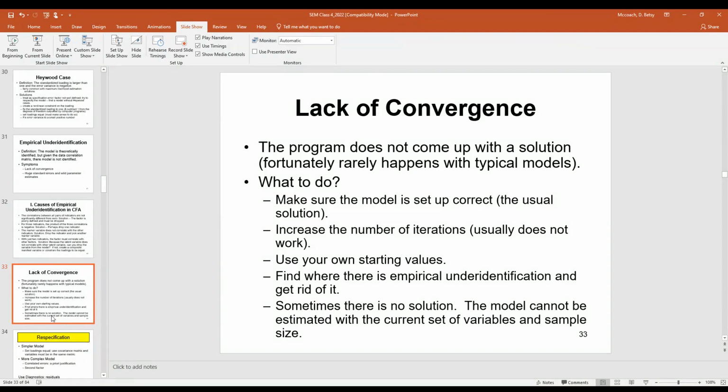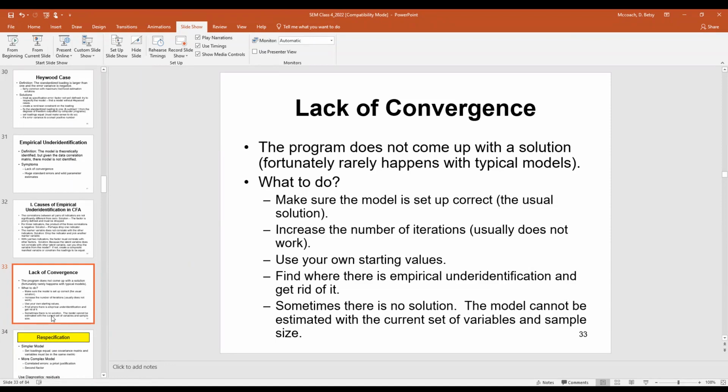Whenever we get into advanced modeling techniques, we all start to get a little bit greedy. Sometimes the model is just too complex for the amount of data that you have, right? Yeah, that's a cool model, and you could estimate it if you had 5,000 people, but you're not going to be able to estimate that model with 50 people.